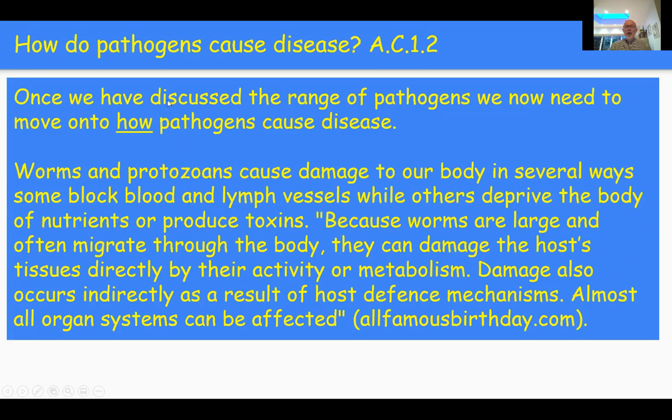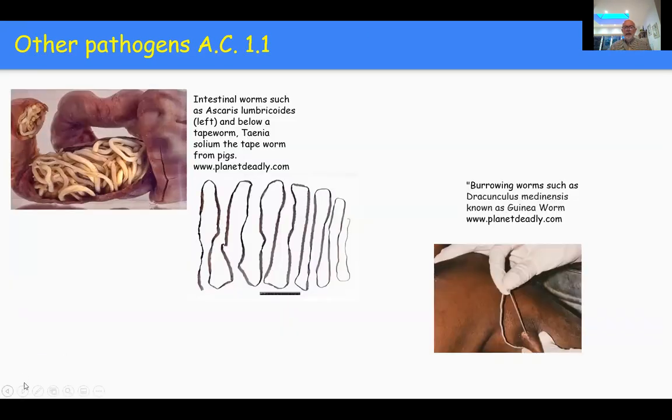So once we've discussed the range of pathogens, and remember that 1.1 is the danger point because people go into lots and lots of detail, but remember you're only looking at the range of pathogens, okay?